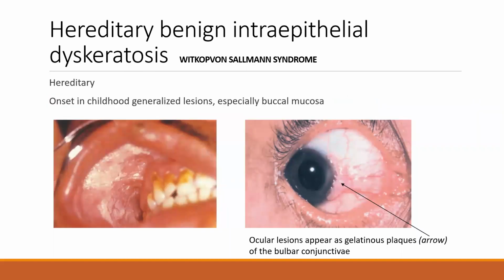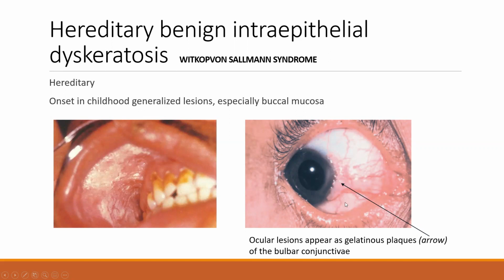Next up, another hereditary condition is benign intraepithelial dyskeratosis. This is hereditary, looks exactly similar to white sponge nevus, but here in this case, we have an extra involvement of the eye. Rather than the oral lesions alone, we have some ocular manifestations as well. The white portion of the eye is called the bulbar conjunctiva.